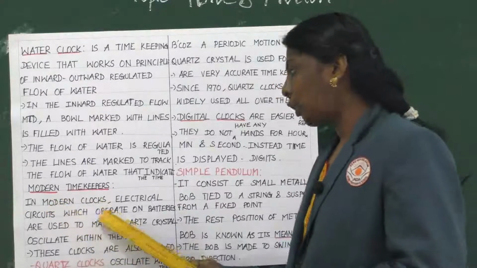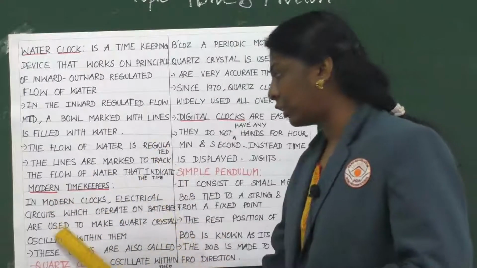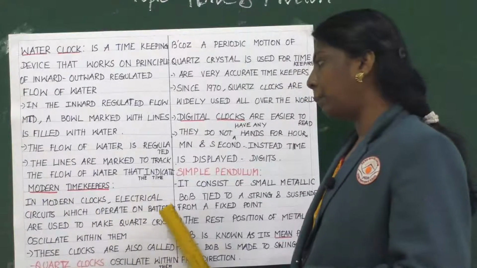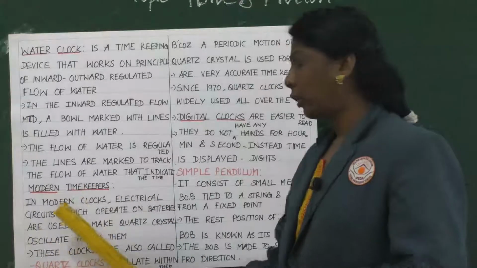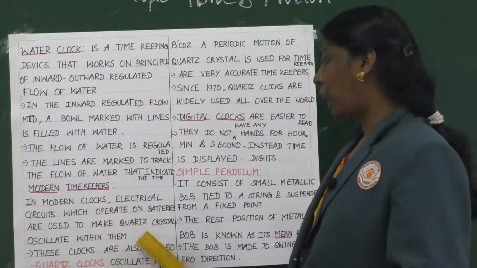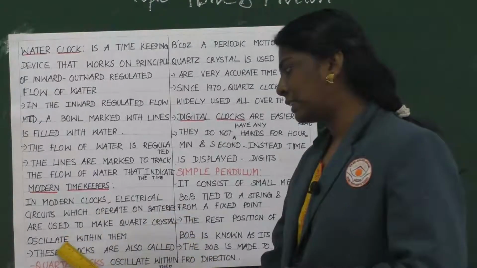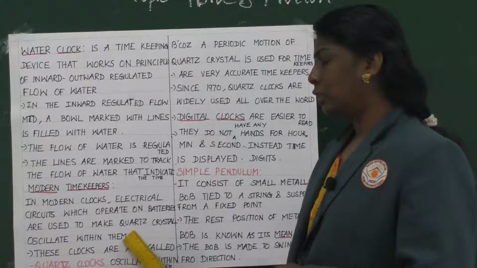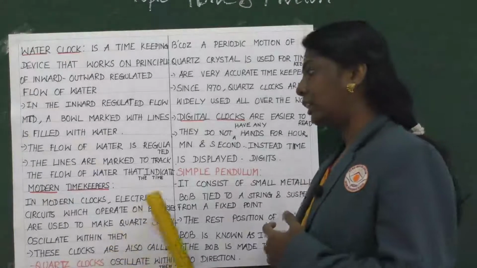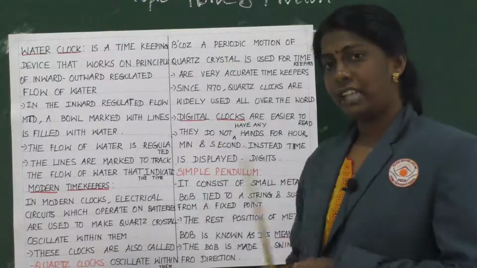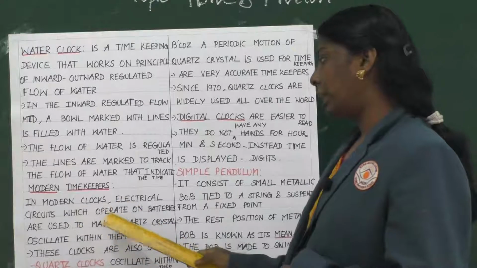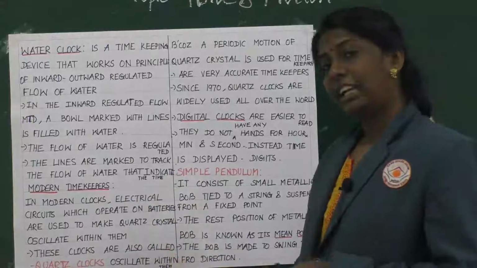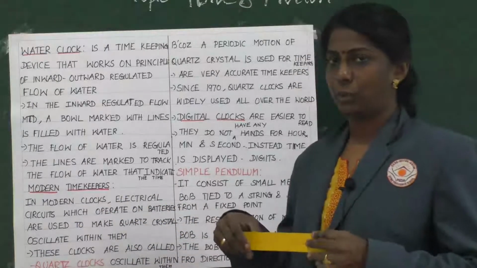In modern clocks, electrical circuits which operate on batteries are used to make a quartz crystal oscillate within them.